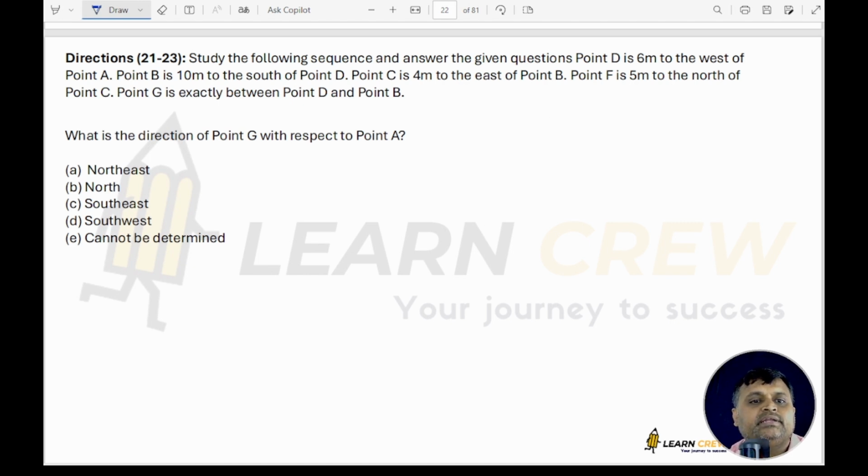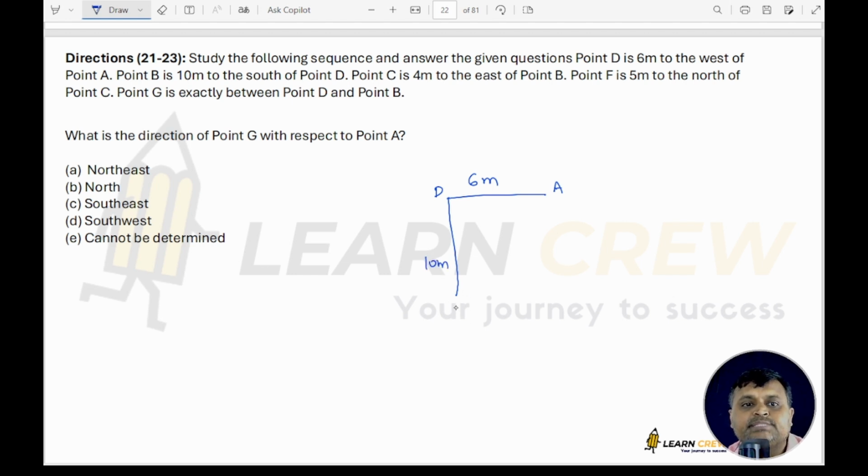What is given here? Point D is 6 meters to the west of point A. Okay, this is 6 meter. Point B is 10 meter to the south of point D. This is 10 meter.